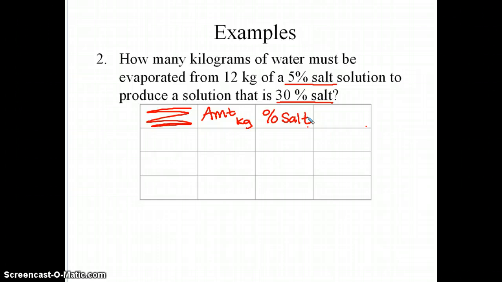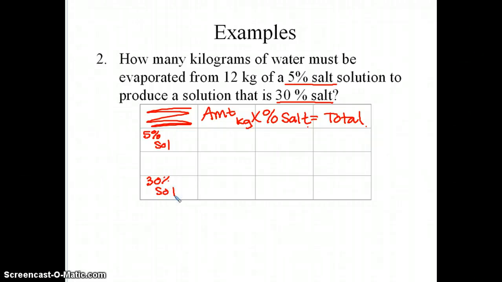Okay. And then over here, taking both of these, just like the last one, multiplying them together gives me my total percentage. Now when I look, I see that I have the original 5% solution. There is going to be a new solution.